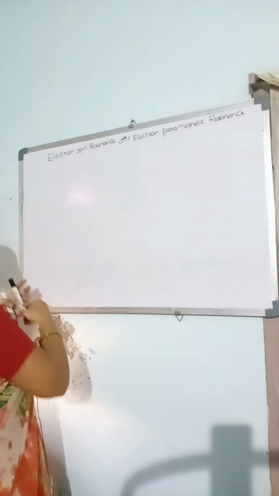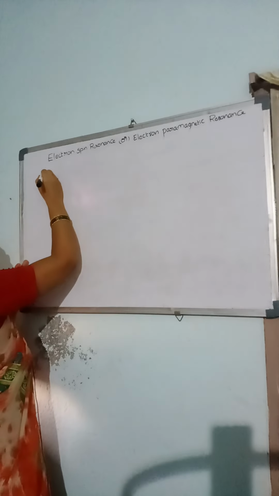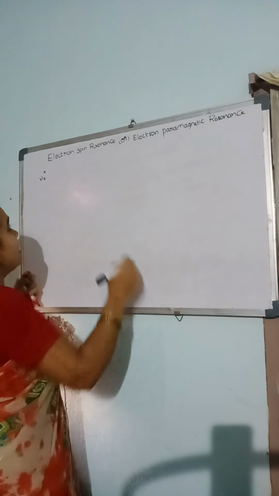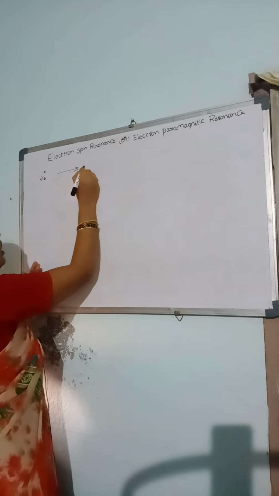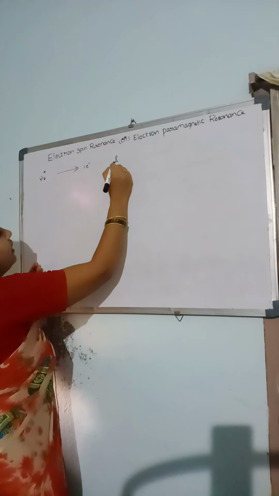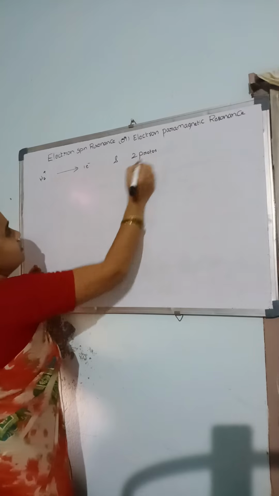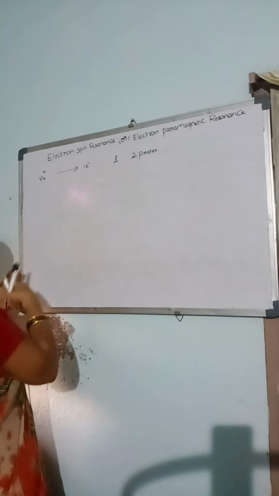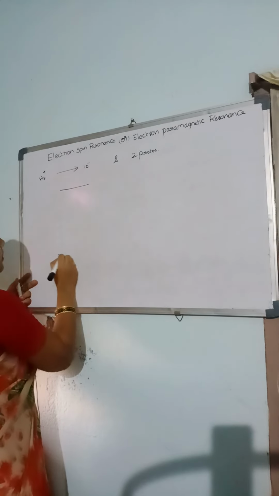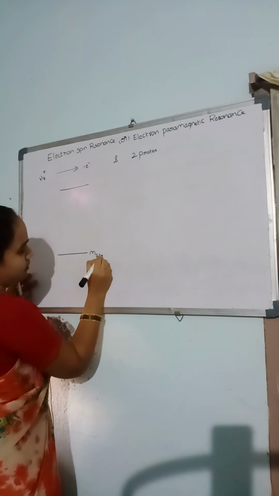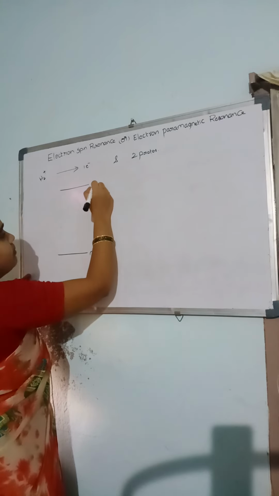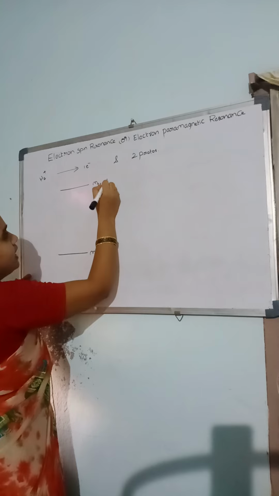Next, consider the hydrogen molecule ion. In the hydrogen molecule ion we have one electron and two protons. For this one electron, the possible Ms values are minus half and plus half.